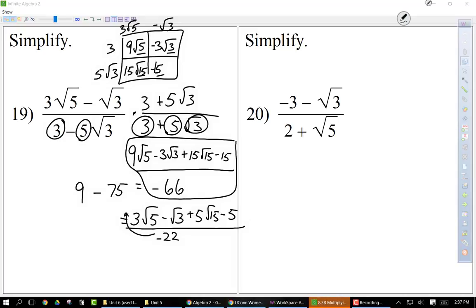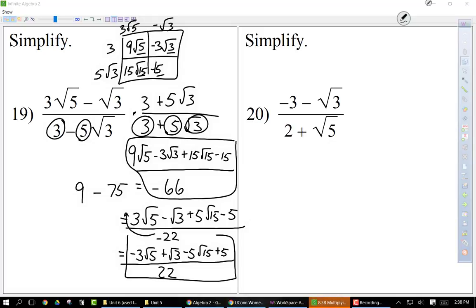And when it pops up, it just changes the signs of all the numerators. So I get negative 3 root 5 plus root 3 minus 5 root 15 plus 5 over positive 22. I will accept the one with the negative in the denominator. It doesn't look right. This one's more proper, but that one's still okay.